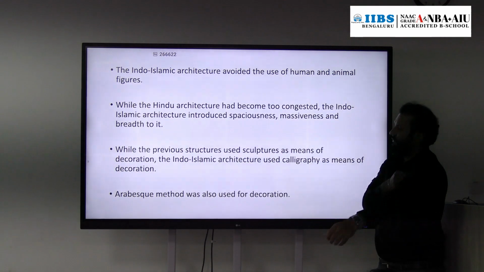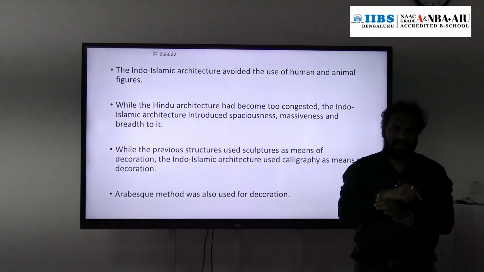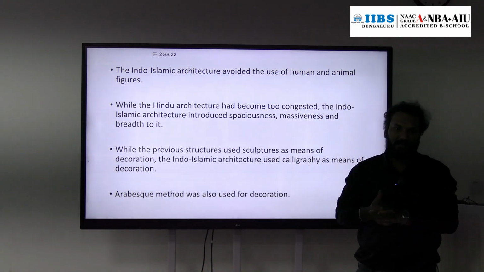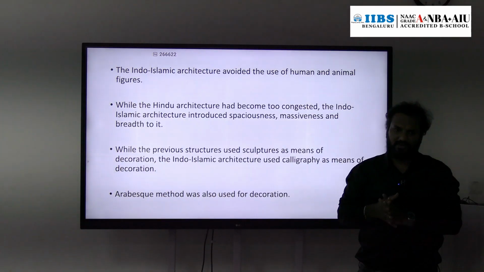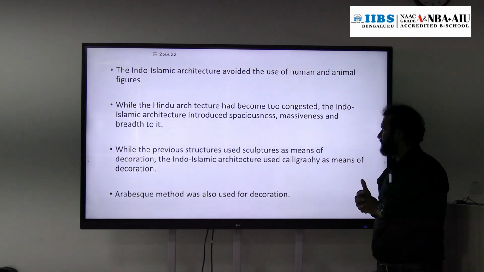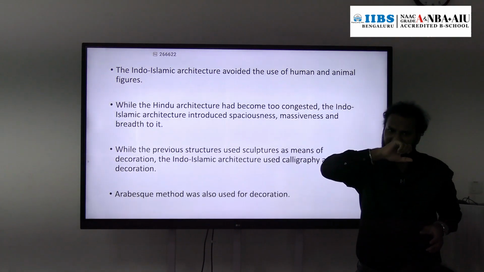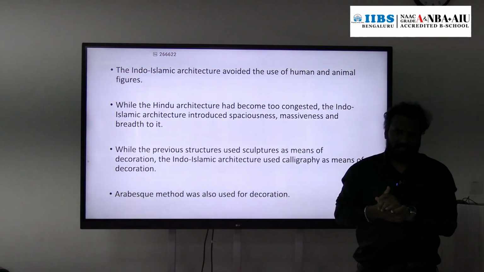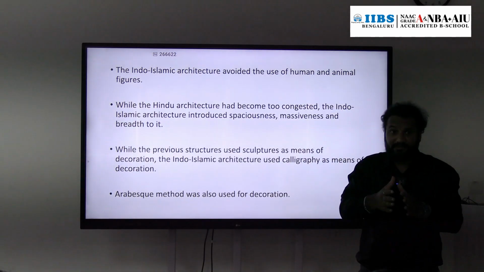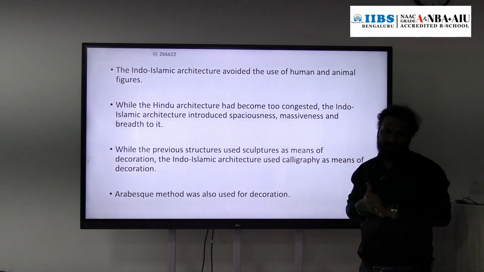In Indo-Islamic architecture, there is an absence of human figures, unlike in temple architecture. There is no presence of human or animal figures. Hindu temple architecture is congested compared to Islamic architecture, which is very spacious and very massive.